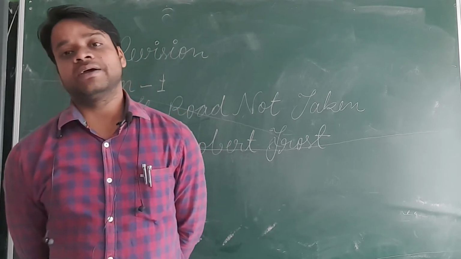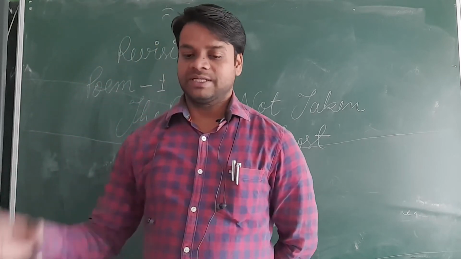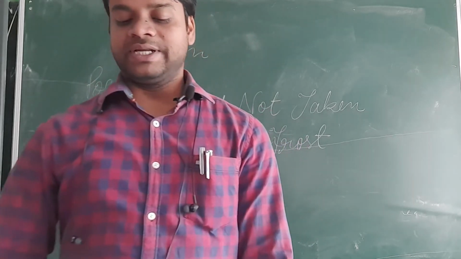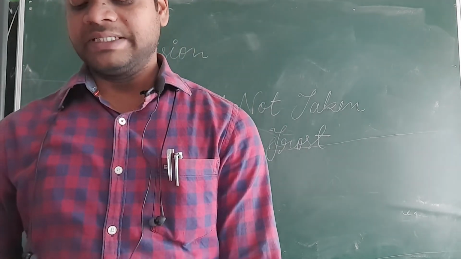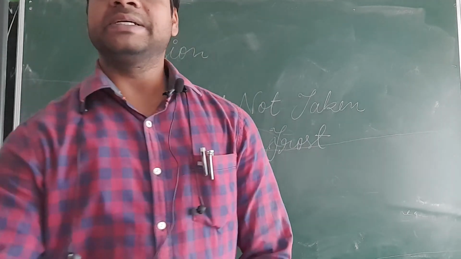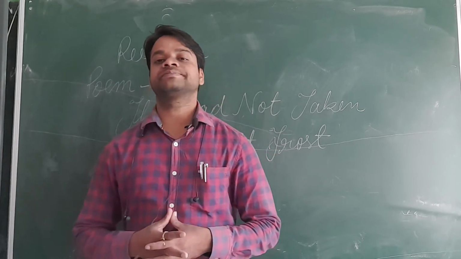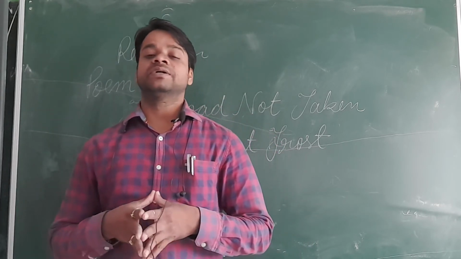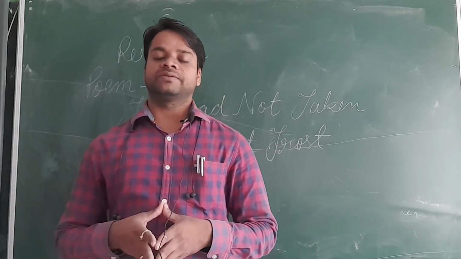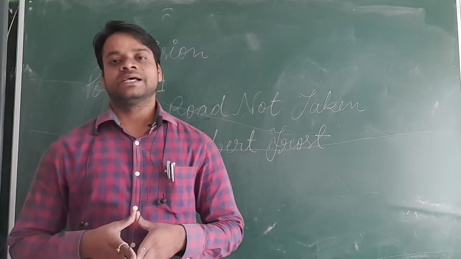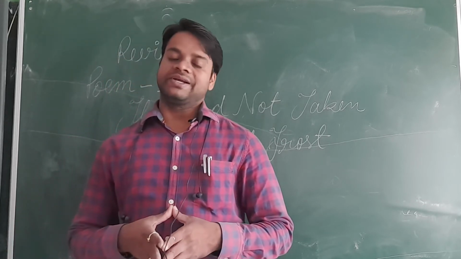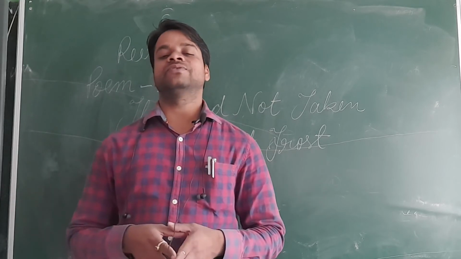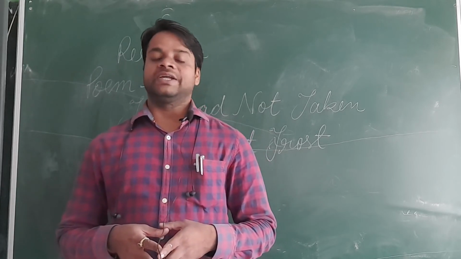So once again I just want to summarize this poem. What is the poem telling about? Once upon a time the poet was going through a forest, and there he found two roads had diverged. So he was confused and in a dilemma about which road to take.